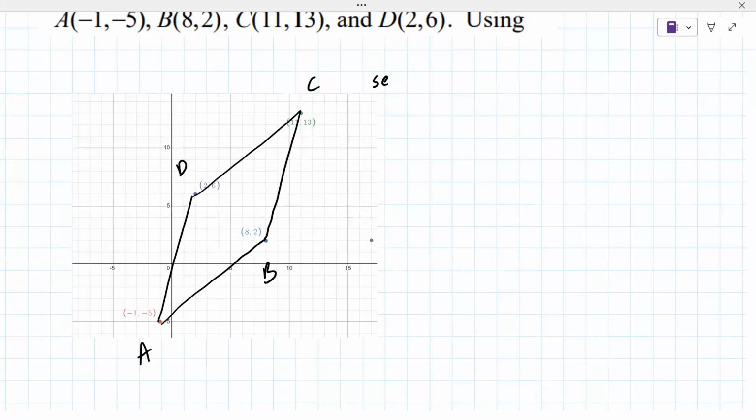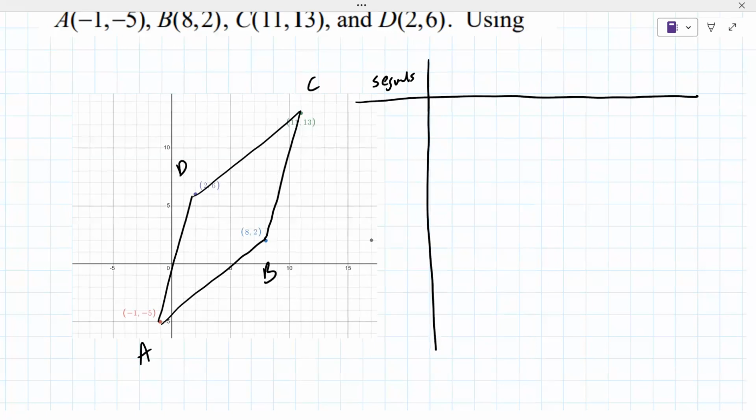Give me the four segments from left to right, please. All right, we go A to D, good, D to C, good, B to C, yep, and then B to A. That's right to left. You gotta go left to right.